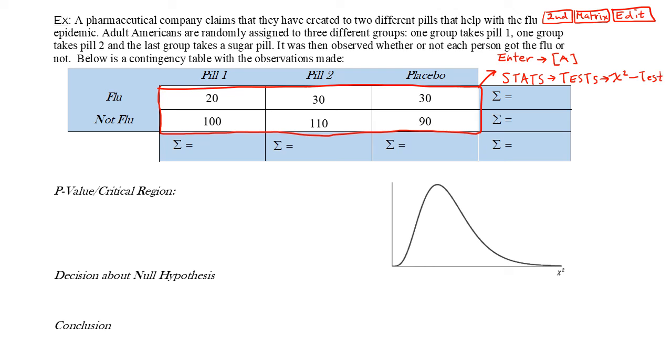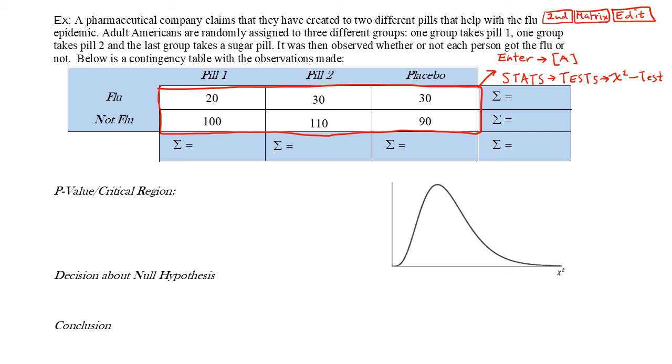For the input, it'll ask for two things: observed and expected. For observed, we'll select the matrix that we entered these values into. And for expected, you can enter any other matrix, and it'll store the expected values in that other matrix.